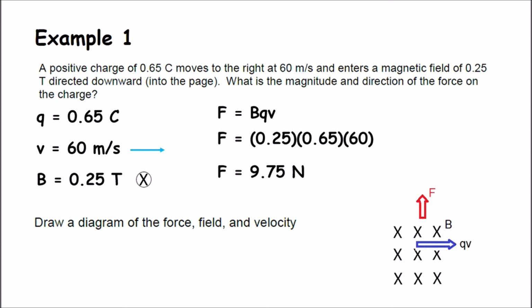We have the field going into the page. That's one of our dimensions, in and out, toward or away. We have our velocity going to the right. That's another one of our dimensions, either right or left. What's the third thing that's left? Up and down, toward the top of the page or toward the bottom of the page. So you got a 50-50 shot at that. In this case, it's toward the top of the page.